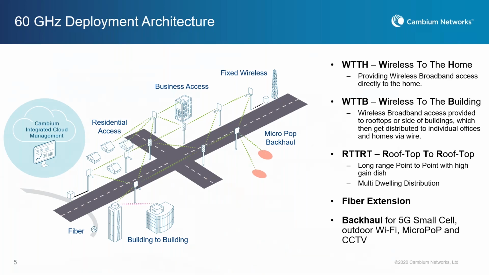Second, we see some municipal agencies using 60 gigahertz to build their own network, either to provide public Wi-Fi or to build a smart city to support, for example, the police department. They connect to the cameras. They also build their own private network. So this can be deployed in the city for those applications.